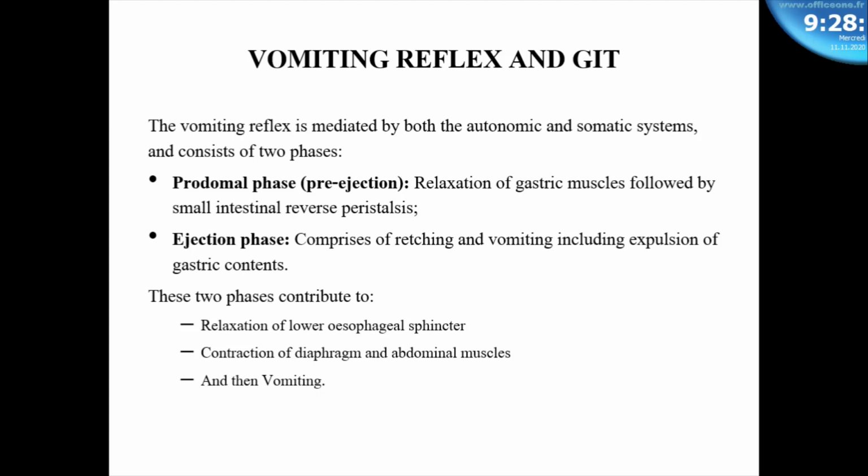Friends, all those things you have seen, it's all about the physiology of vomiting and nausea and the vomiting triggers. Now we are coming to the vomiting reflex, which is the act accomplished with integrative vomiting center in the medulla oblongata.